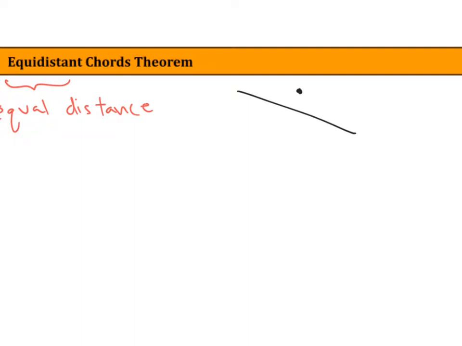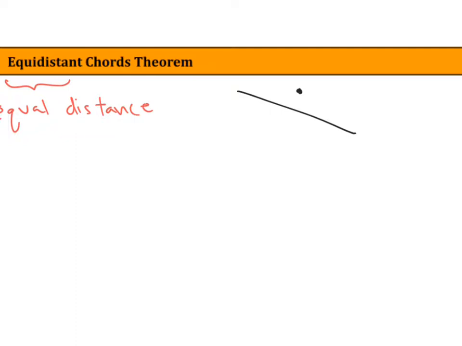I could measure the point to this part of the line, I could measure the point to this part of the line, or I can measure the point to this part of the line. The question is, which one of those is the correct distance? The way we would define distance is that it is the shortest pathway to another point.